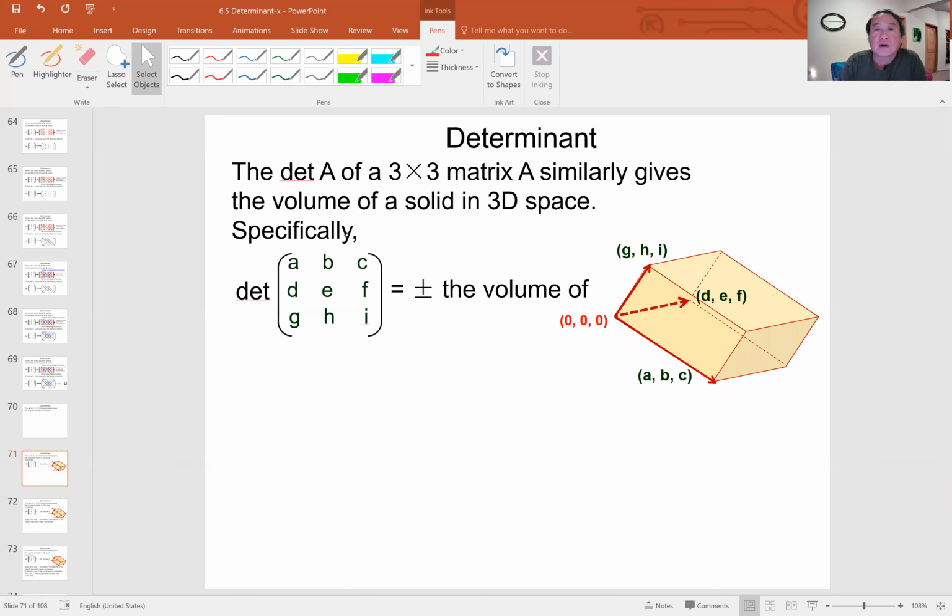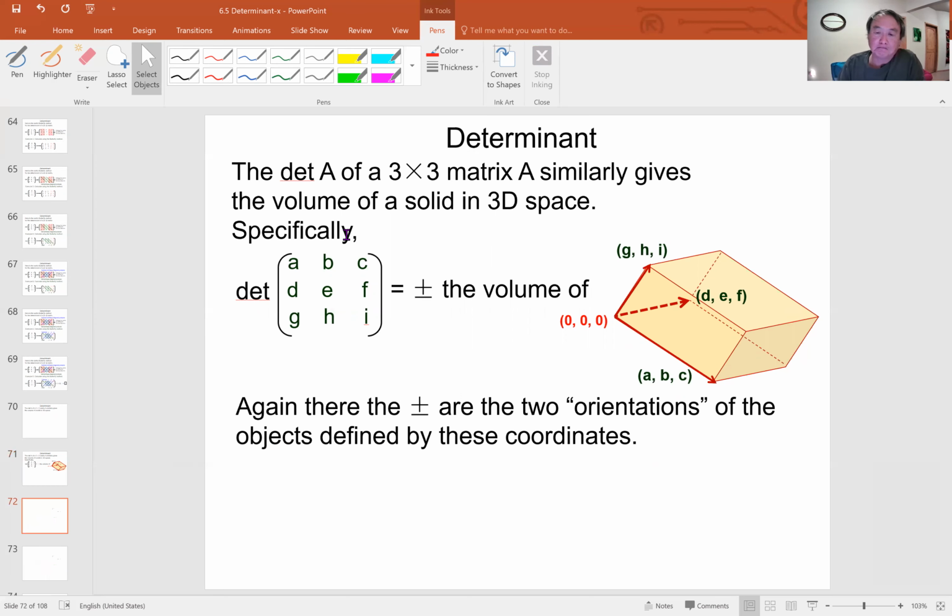The determinant of a 3 by 3 matrix is the signed volume of this object. The official name of this object is a parallelepiped. I won't try to spell it. We'll just say it's a box, a squashed box.